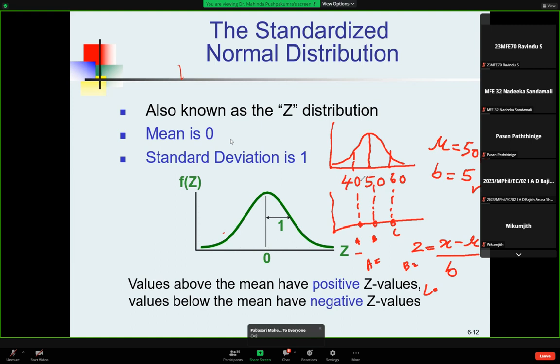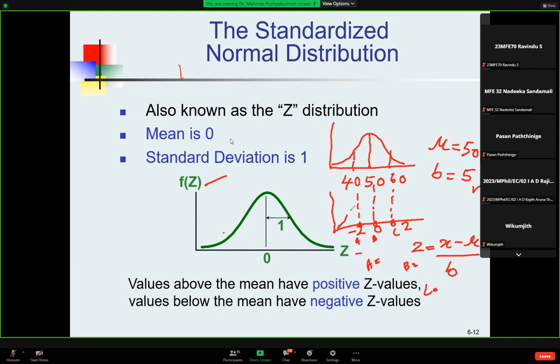How about the C? C is 2. Yes. Thank you. Then A is -2, 0, and this is 2.